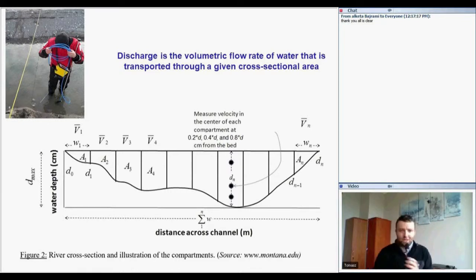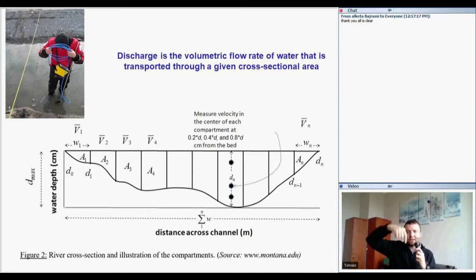And hydrologists measure the discharge, and discharge is the volumetric flow rate of water that is transported through a given cross-sectional area. So once you go to the hydrological profile, you measure the cross-section of it, as is shown here. Below there is the river bed, above there is just the surface of the river.